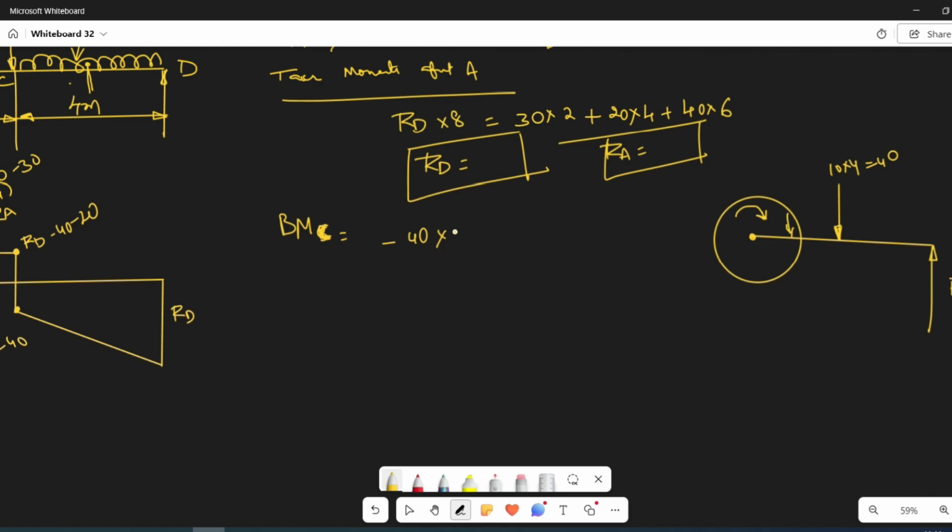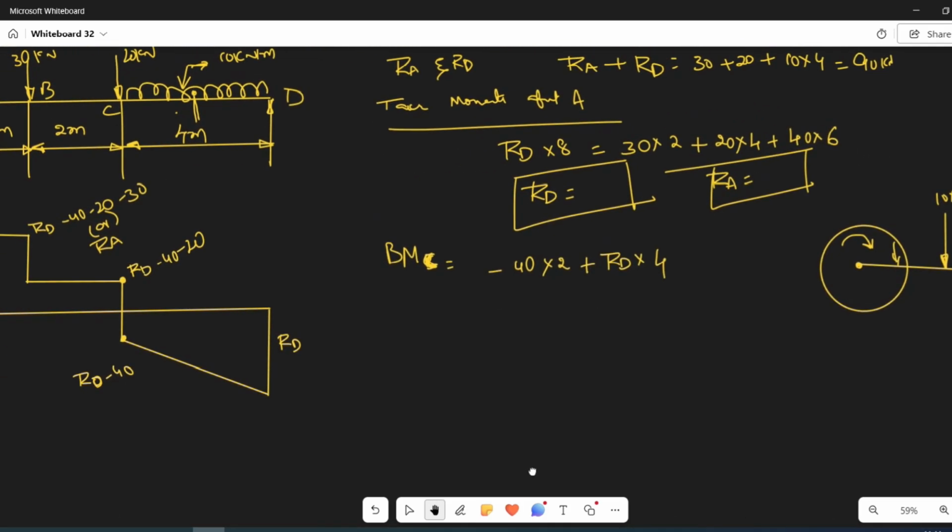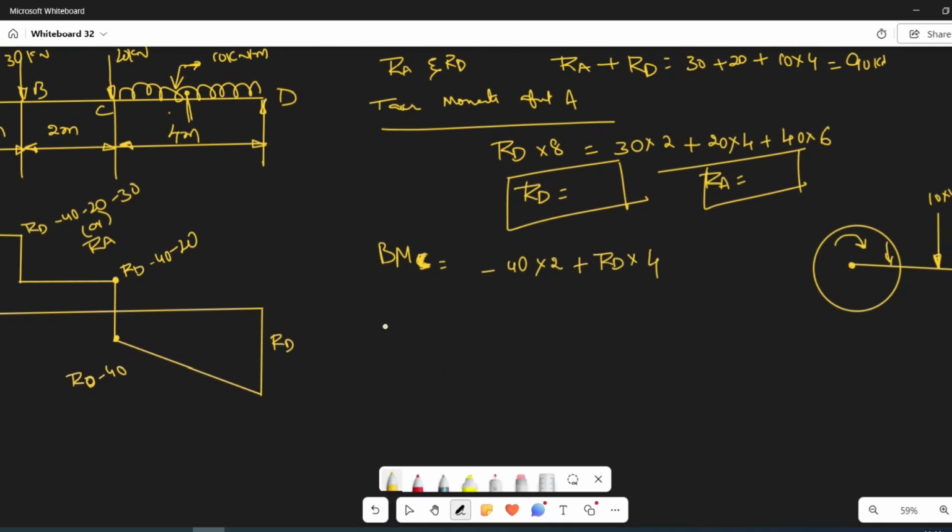The 40 is an anti-clockwise force, and RD is going to be the other. So similarly, you try to identify the bending moment at B. It is given by RD into this distance, the distance from point B, which is going to be 6.